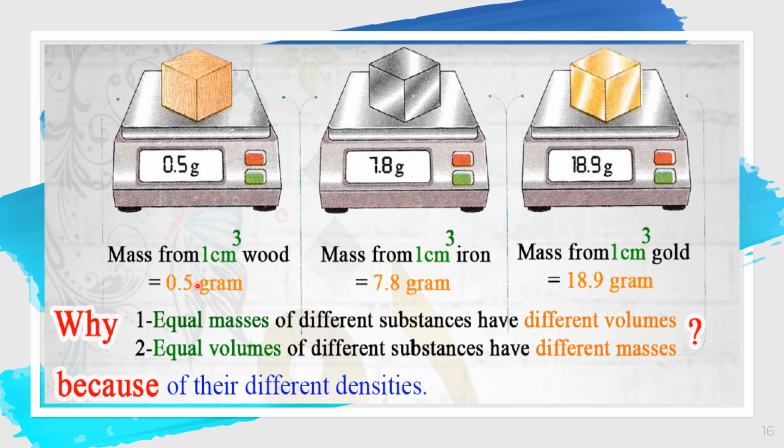Equal volumes, such as in this example: 1 cubic centimeter, 1 cubic centimeter, 1 cubic centimeter, but different masses. This number is different from this number, because this is wood, and this is iron, and this is gold.